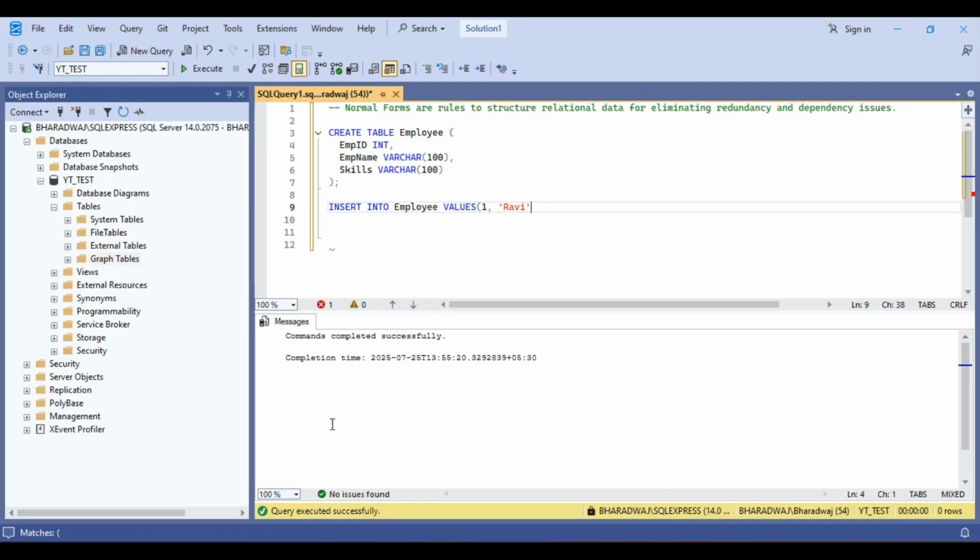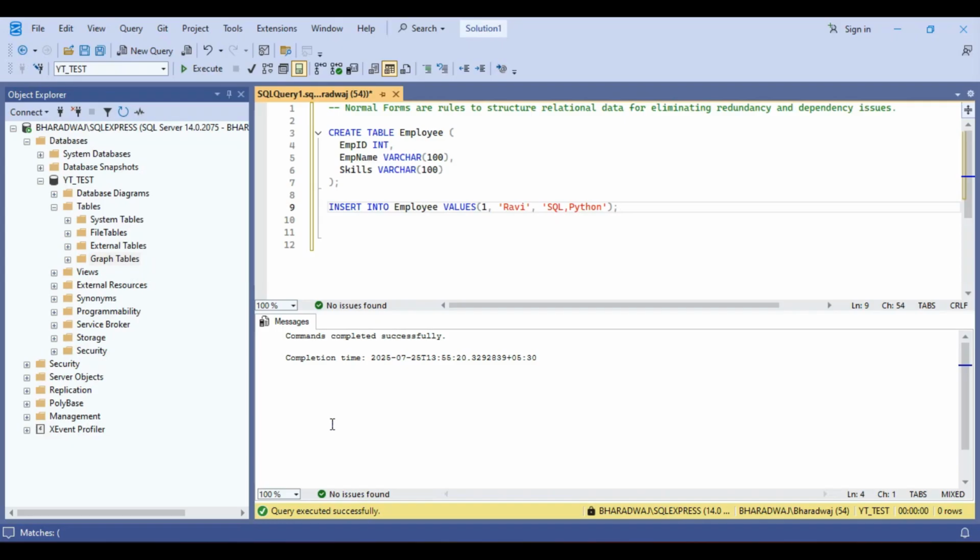And for the skills, let me give SQL, Python. So this is fine. We have multiple skills in one column, right? This is not in the one normal form.